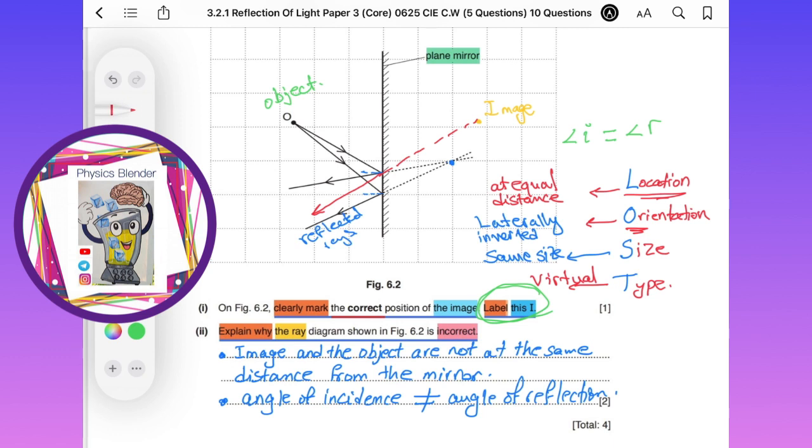Okay, let me draw it with a ruler so it will be a reference for you.